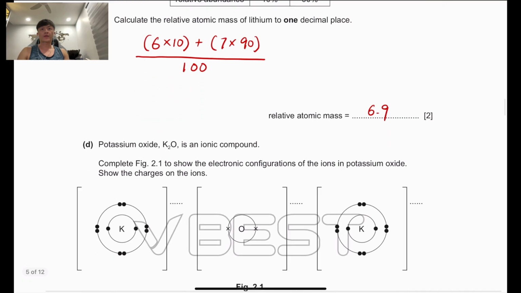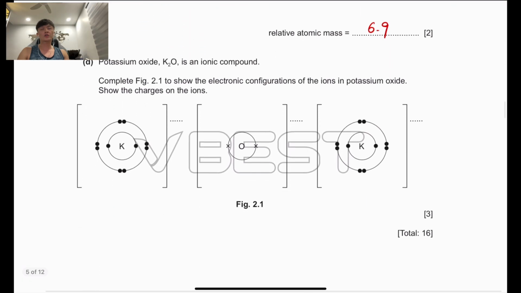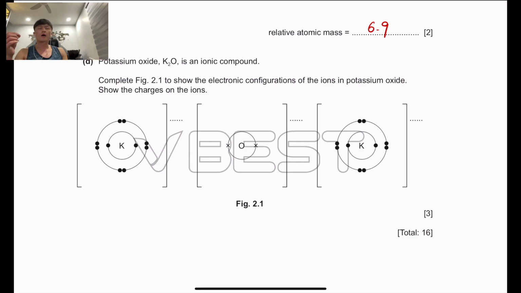Okay, next one, I see the drawings of bondings again. I see this is what? Ionic bond. Okay, one more thing. When it comes to the drawings of all this, before you start drawing, always remember to first identify the electron arrangement, because you need to know how many valence electrons are needed to be donated, or how many electrons are needed to be gained.